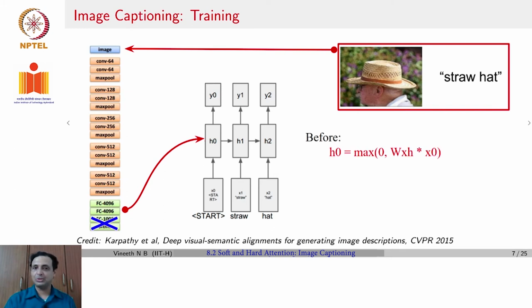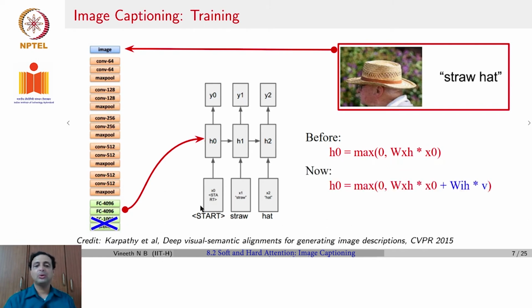So what happens to the RNN now? Earlier, your RNN was something like this, where the hidden state H0 was given by, say, if you use the ReLU, then it would have a max of 0, some weight matrix WXH into your input, say X0.